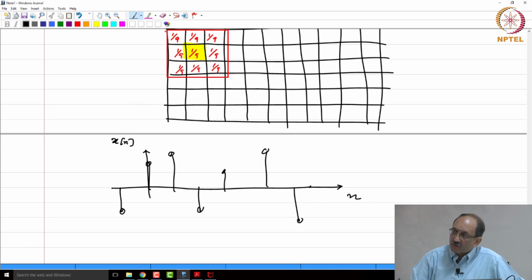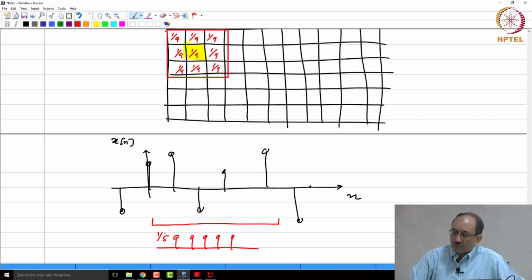Suppose I take 5 samples and average. So, what I will do is take these 5 samples and average, right, and this means I am actually convolving it with a sequence of all ones with amplitude 1 by 5. This is the filter with which I am convolving.